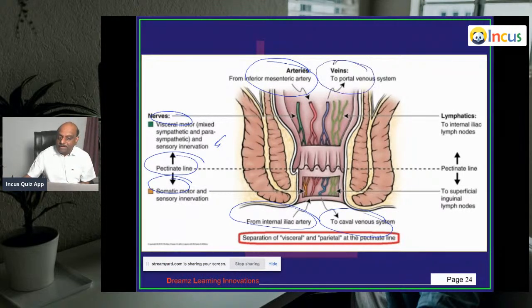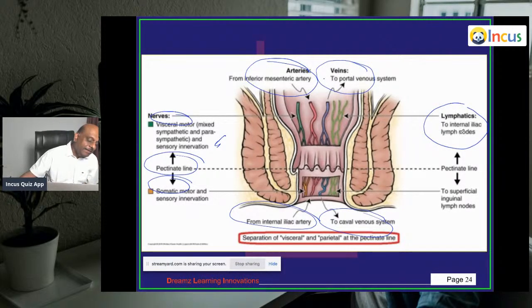Whereas above the pectinate line, it goes into the mesenteric vein, which merges with splenic vein to form the portal vein. So it goes into portal venous system. Above the pectinate line, lymphatics will go to internal iliac group of lymph nodes. Below the pectinate line, it goes into the superficial inguinal lymph nodes. That is what you have to emphatically remember.